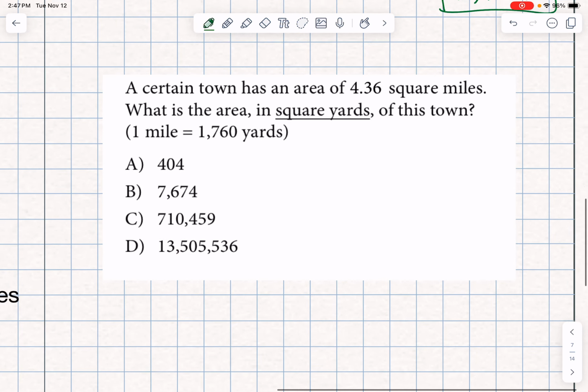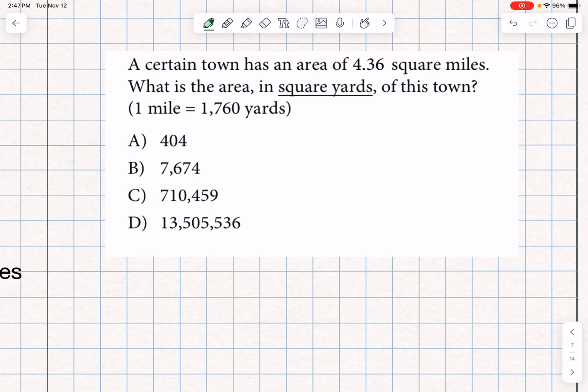And then another problem. A certain town has an area of 4.36 square miles. What is the area in square yards of this town? They have square miles, not 1 mile. They want square miles changed to square yards.